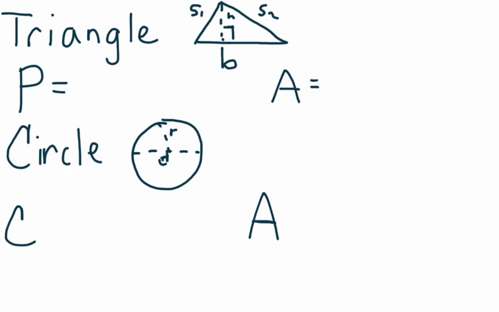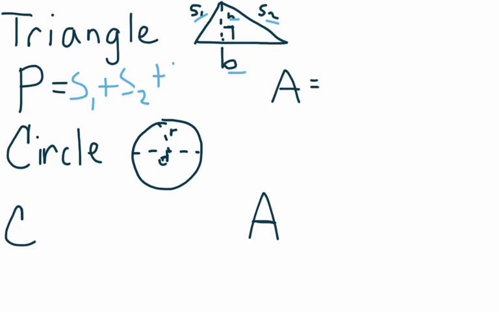Okay, next up is a triangle. So we have side 1, side 2, and a base. We also have a height. To find the perimeter or the outside, we're going to do side 1 plus side 2 plus the base. Now, a lot of people will say that the formula, you can say it as side plus side plus side because a triangle has 3 sides, and that's perfectly fine as well.